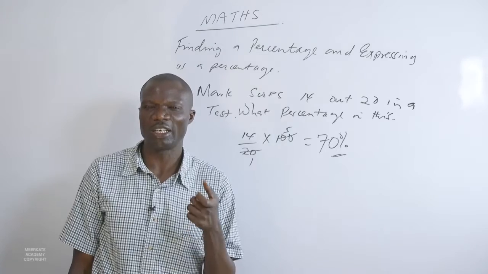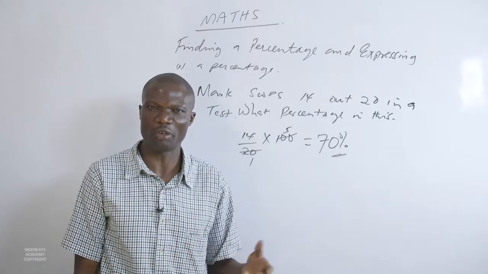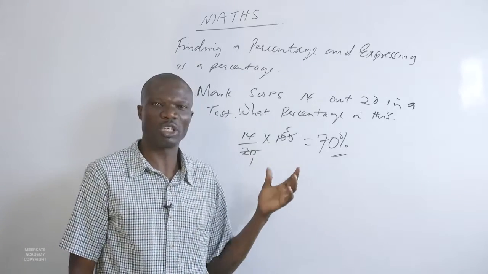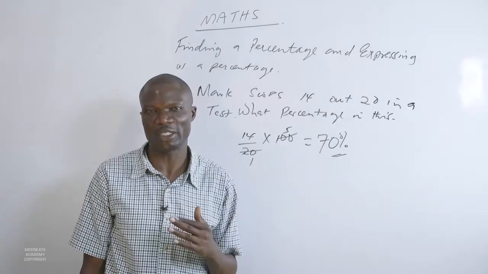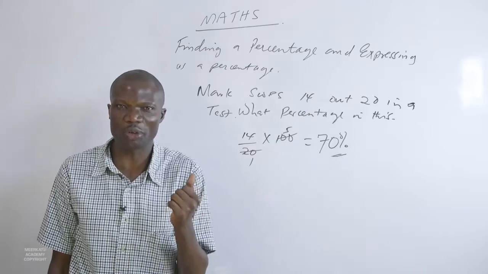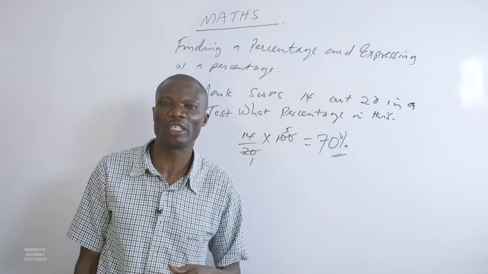Because a percentage is an easier way of carrying out comparison. When we measure your performance as a percentage, you'll always feel nice because you are saying, I want to be above 70%. So 14 over 20 is a simple fraction, but as a percentage, it is equivalent to 70%.